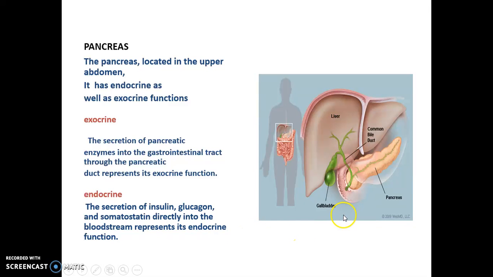It secretes into the bloodstream, not into any duct. In the exocrine part, the enzymes come through the duct, but the endocrine part of the pancreas secretes insulin, glucagon, and somatostatin not through a duct, but directly into the blood.